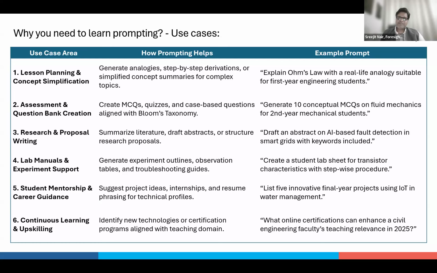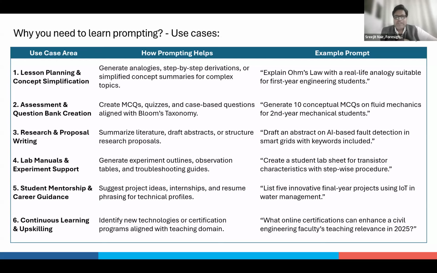So those kinds of summaries you can have and simplify the concepts. Again, assessment question bank creation is something that is very interesting when it comes to using OpenAI or generative AI.